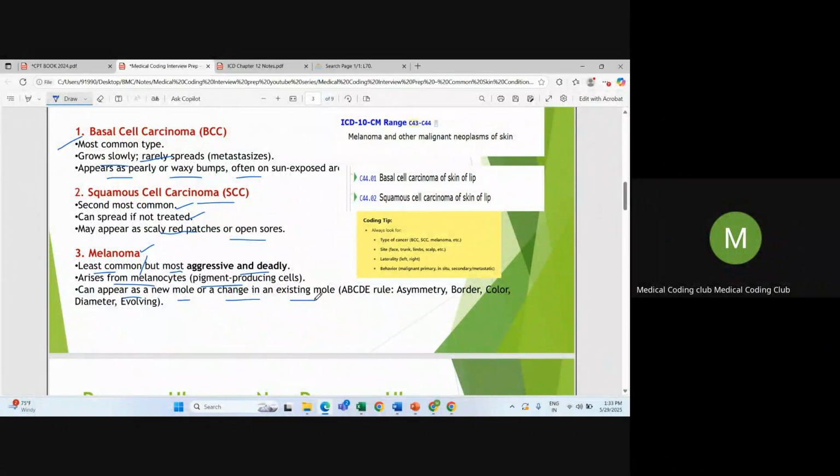There is an ABCDE rule: changes in symmetry, border, color, diameter, and the lesion elevation or how the lesion is evolving. Everything we need to consider under melanoma skin cancer.